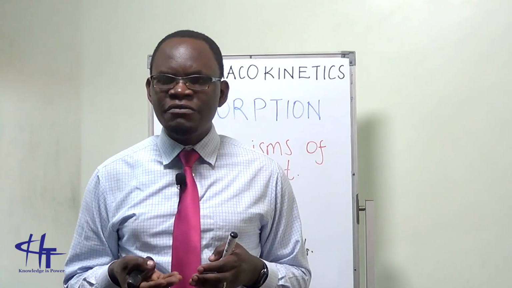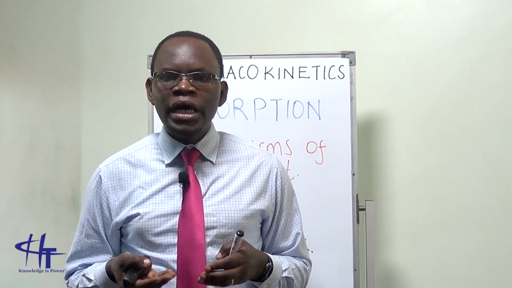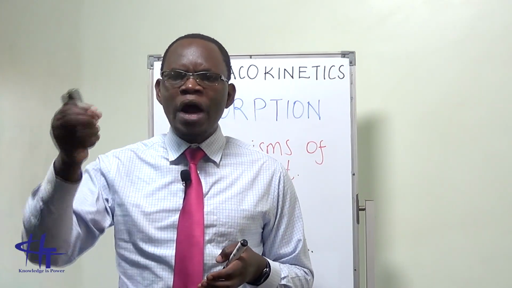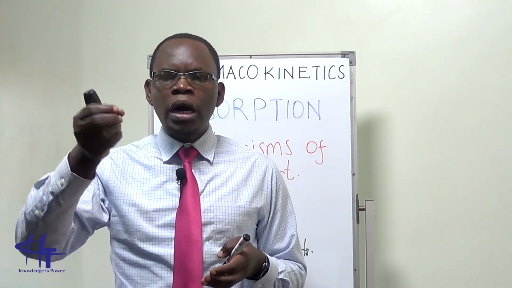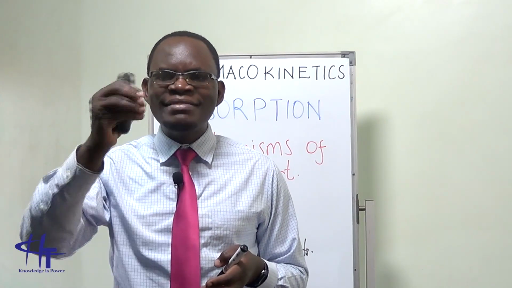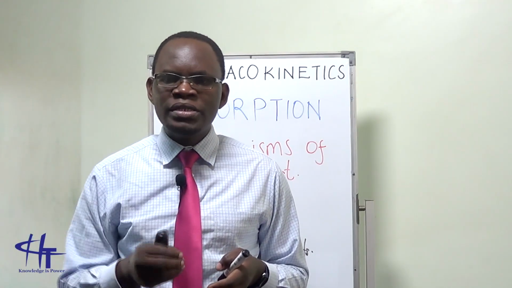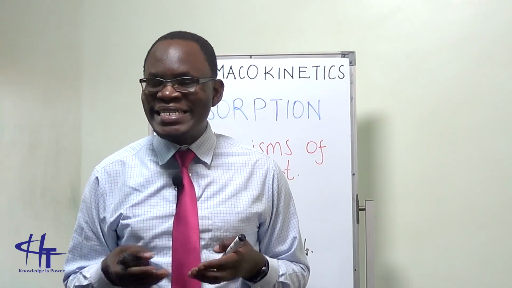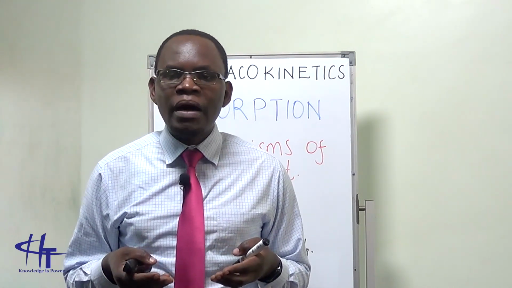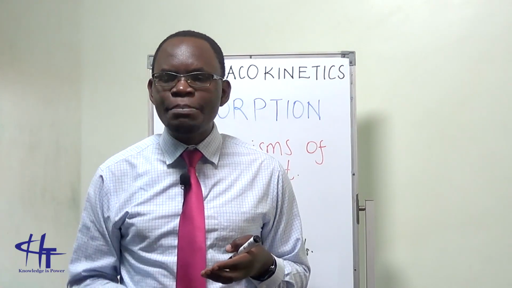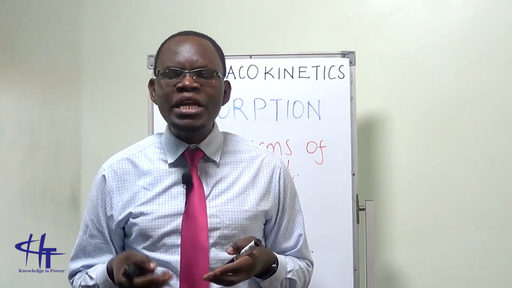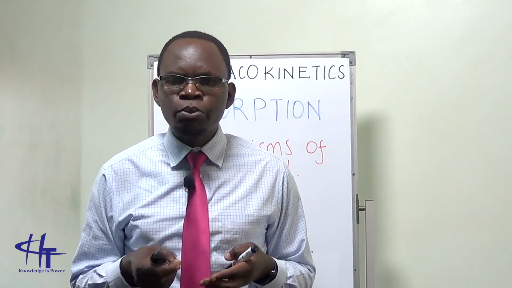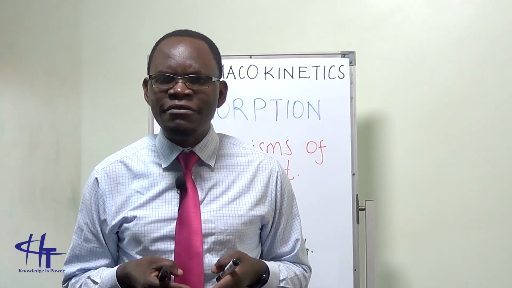You have a sieve, the common sieve that we use, and you're pouring water or a solvent that has some constituents in it. You will realize that within that sieve, the solvent will easily pass through, and probably those smaller crystallized particles will be able to go through the sieve.